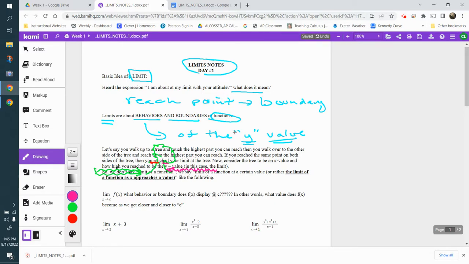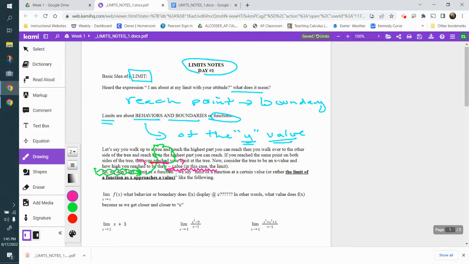If I can reach up and touch this side at the same height on both sides, that is the limit of what I can reach. So that is literally the limit of the height that we have. As I approach the tree and reach up, I can reach 7 feet on this side and 7 feet on that side. So my limit is 7.